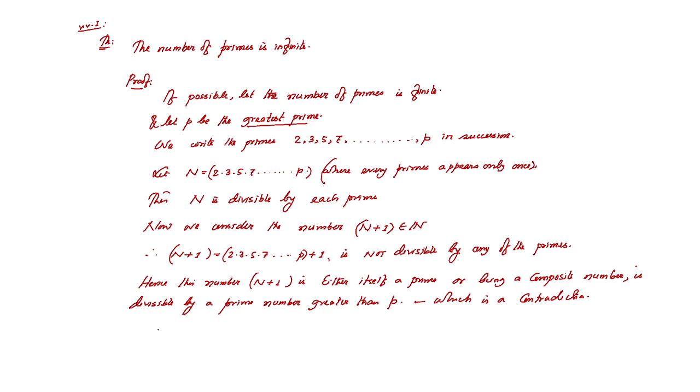Why is it a contradiction? In both cases, either it is itself a prime, or, being a composite number, it is divisible by a prime greater than p. In both cases, p fails to be the greatest prime.